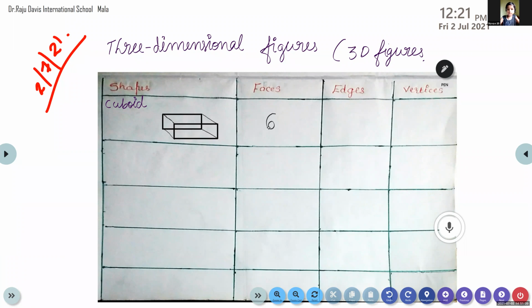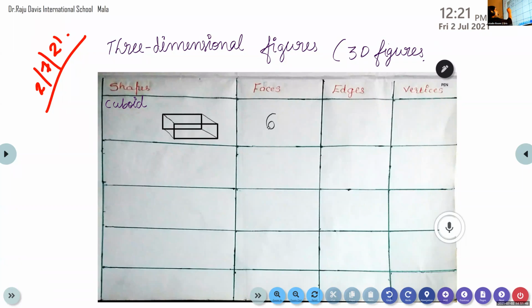1, 2, 3, 4. Back side. Only 10. 11, 12. So how many edges? 12 edges.